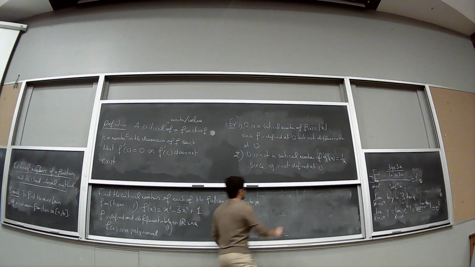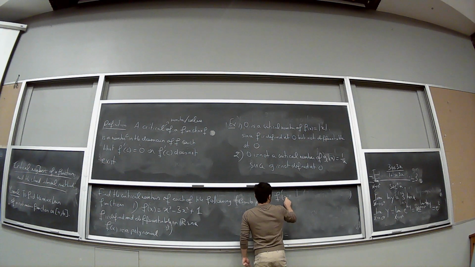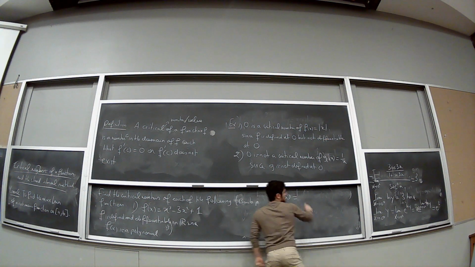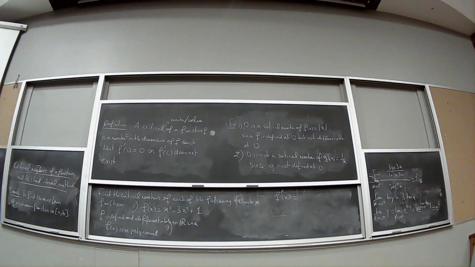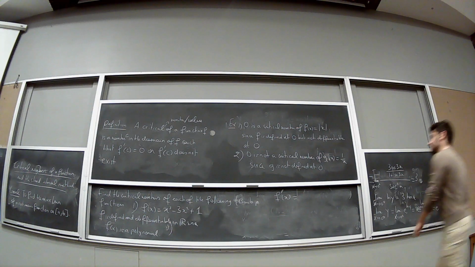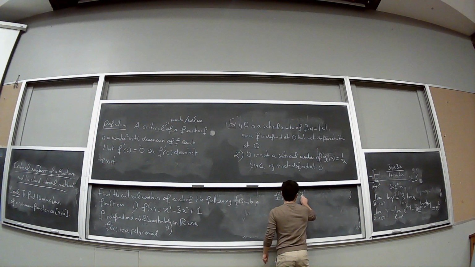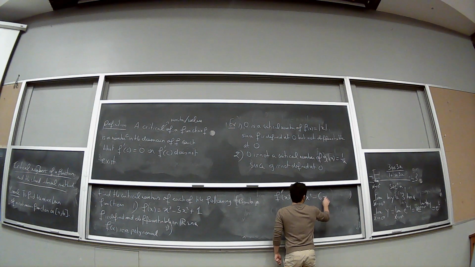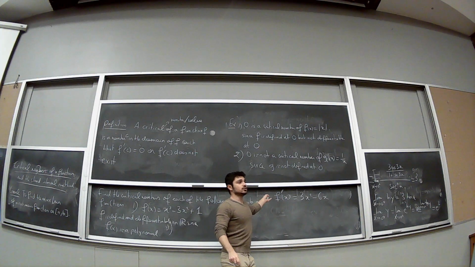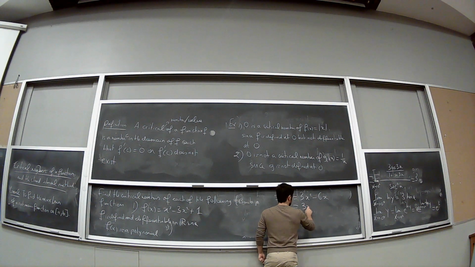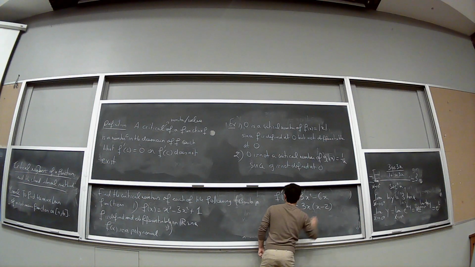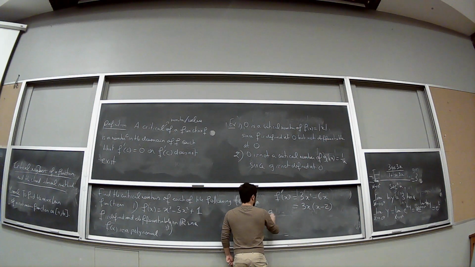What is f prime of x? So this tells me, do I need to worry about points where the derivative is not defined? No, because the derivative is defined everywhere. f prime of x is 3x squared minus 6x, and I have to solve this equal to 0. So I'd better have it factored, right? It's 3x times x minus 2. Now what are the critical numbers?